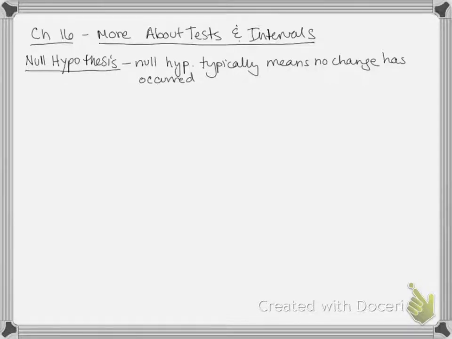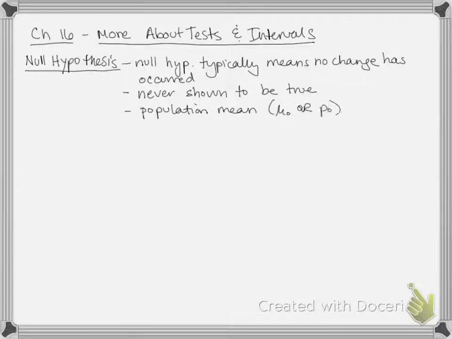Let me make it clear that this is never shown to be true. Typically, this is a statement of the population mean, so that would be the mu naught, or in our case, p naught that we've learned so far up to this point.